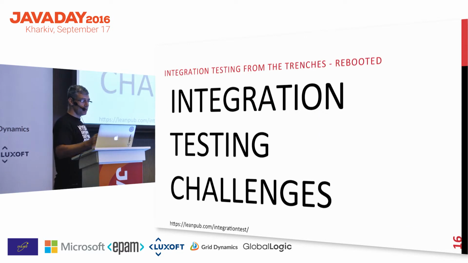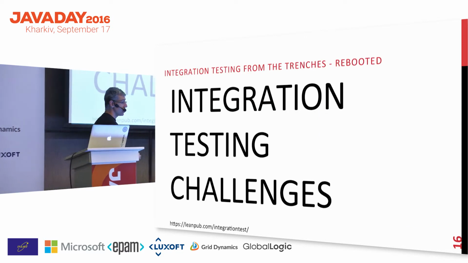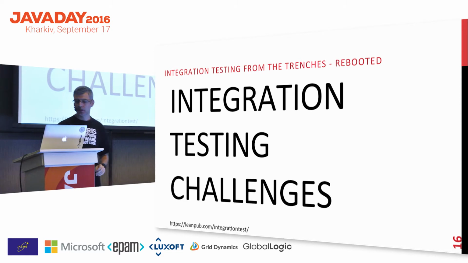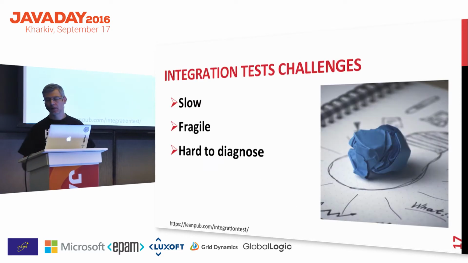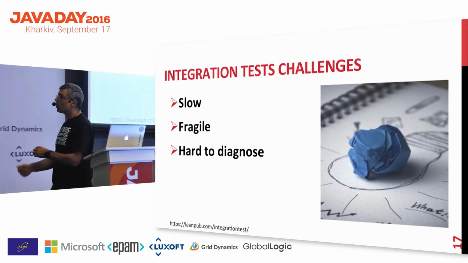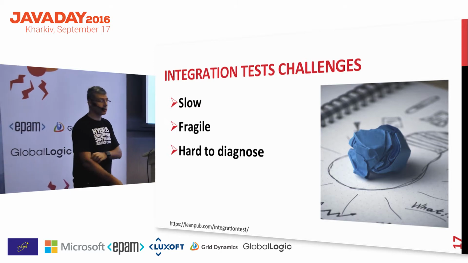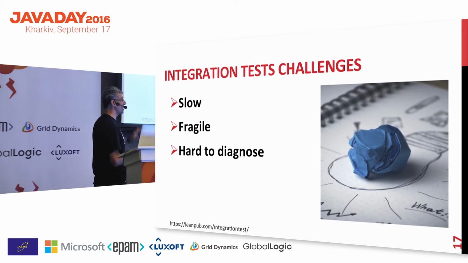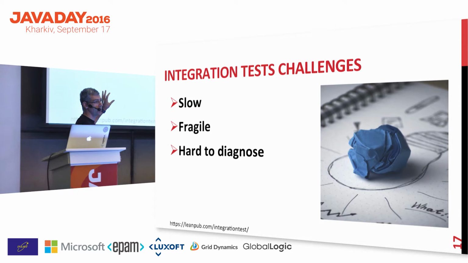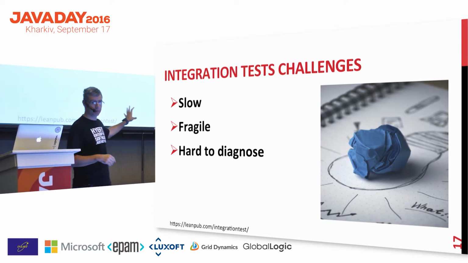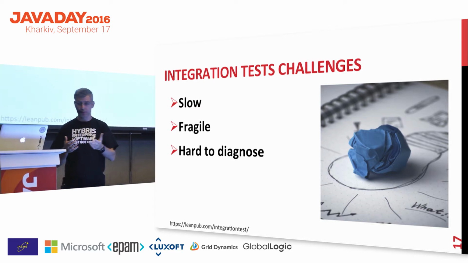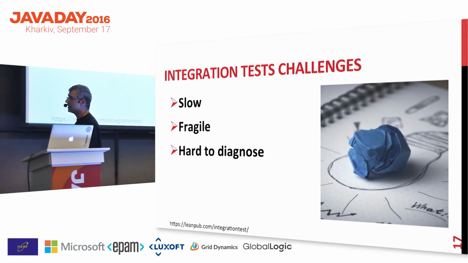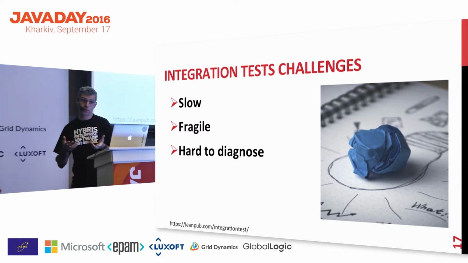And of course, with integration testing, you've got new challenges. It wouldn't be fun otherwise. The people who say that you shouldn't do integration testing generally cite those 3 big problems. And those are real problems. The first is that they are very slow.